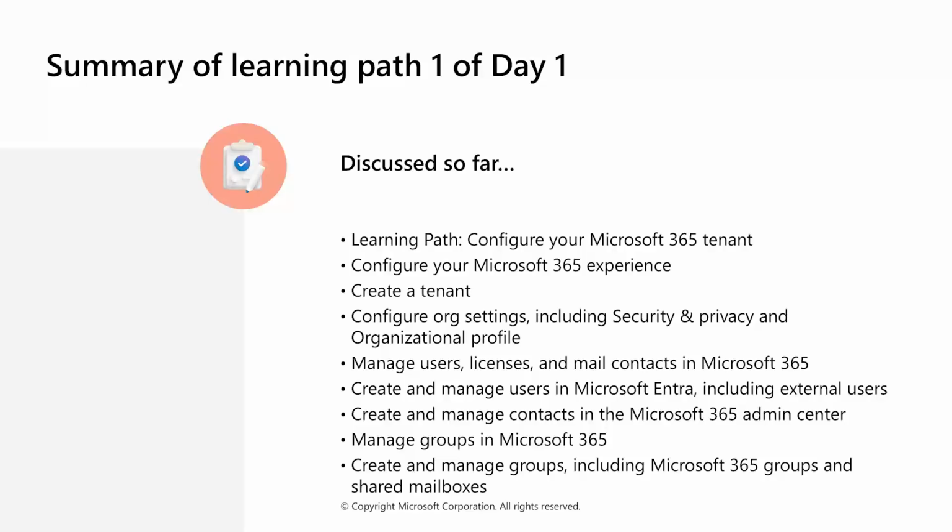How do you manage user licenses and mail contacts in Microsoft 365? How do you create and manage users in Entra, including external users? How do you create and manage contacts in the Microsoft 365 Admin Center? And how do you manage your groups in Microsoft 365, including Microsoft 365 groups and shared mailboxes? These are the last two things we talked about.